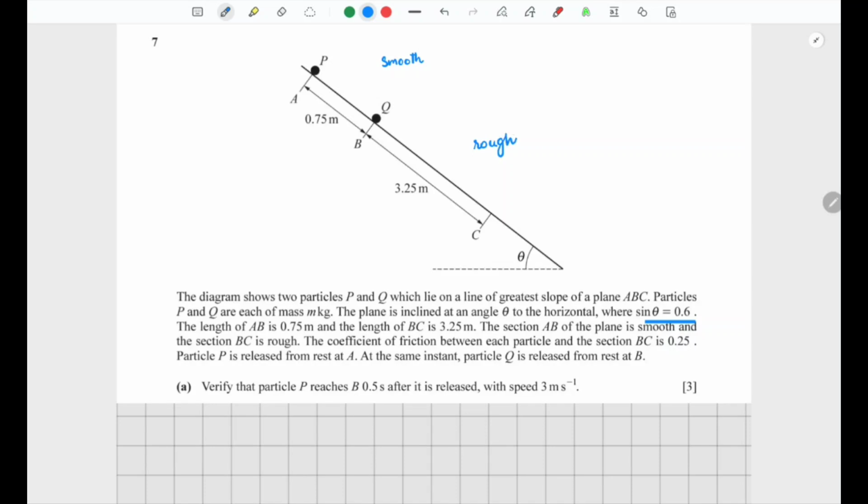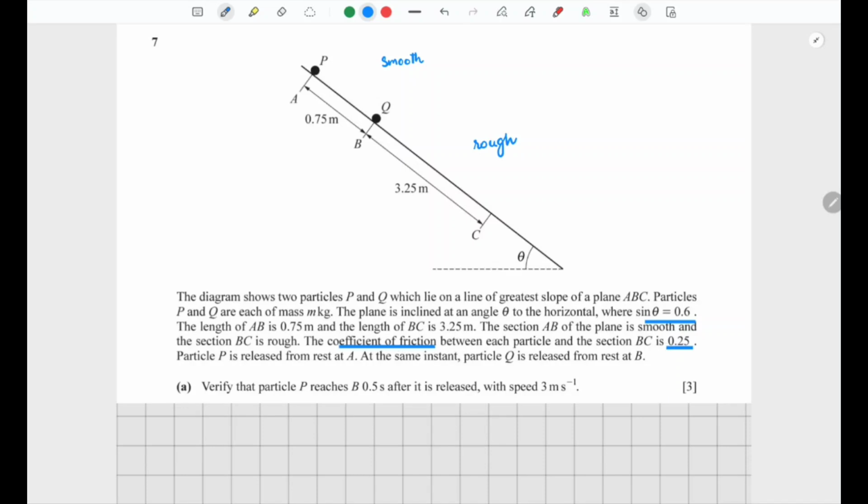So what will be the difference? The difference will be that there will be a coefficient of friction, like the resistance, in this part. So that coefficient of friction is 0.25.